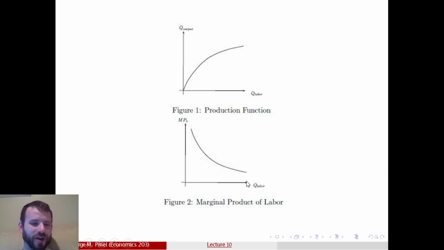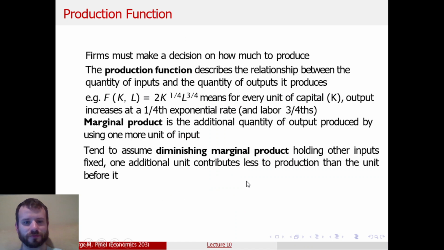Again, it's not always going to be the case, but it is a standard assumption for a reason. So it's important. But going back, that's why economists like this Cobb-Douglas function, which we tend to use a lot, because it does have this diminishing marginal product property to it.